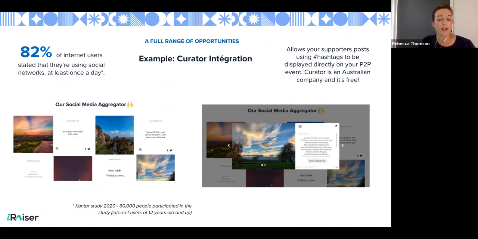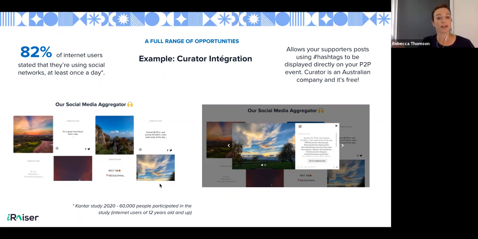And basically, what this allows is by having a simple integration with Curator, when someone's using a particular hashtag for your P2P activity, you can actually have those posts visible in live time on your actual P2P campaign. So it becomes like a social wall.